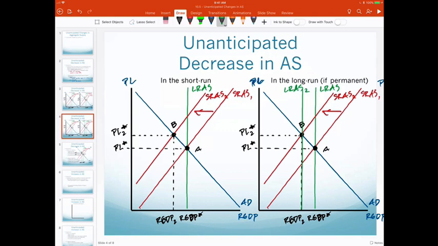It shifts over here to the left, and therefore point B here becomes our new long-run equilibrium outcome. Which means that our transition from A to B in the short run over here becomes our new long run. We essentially stay here at point B if it is permanent.